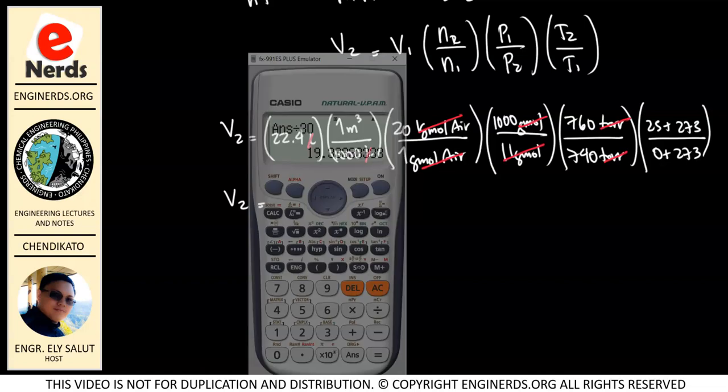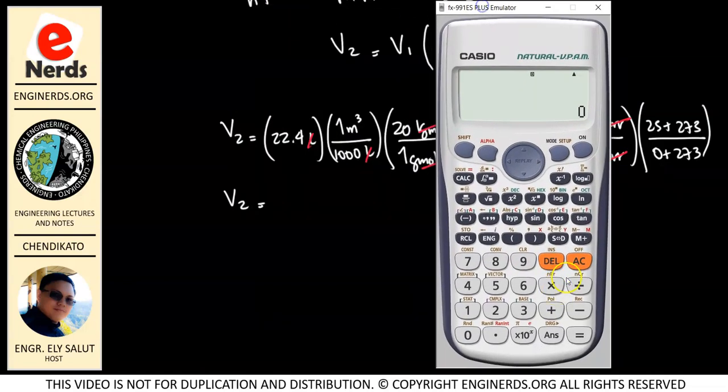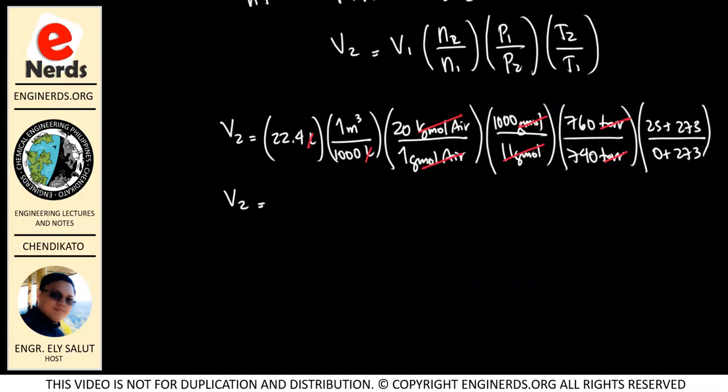Okay, so let us use our calculator. So we have 22.4. By the way, our 1000 here will be cancelled out as well, so we don't need to include that in our calculation.